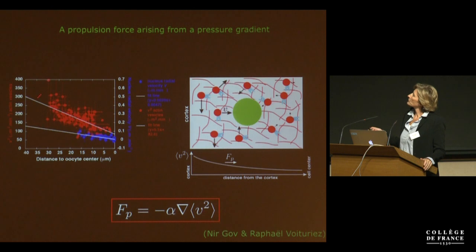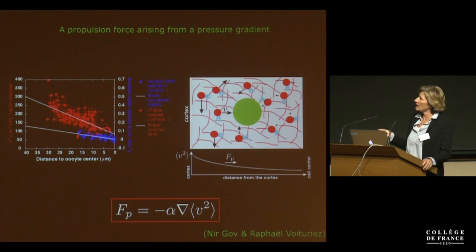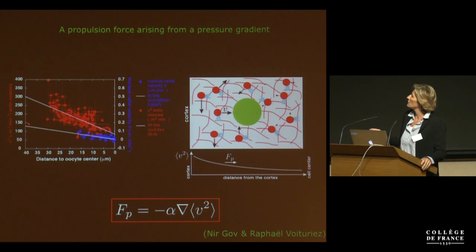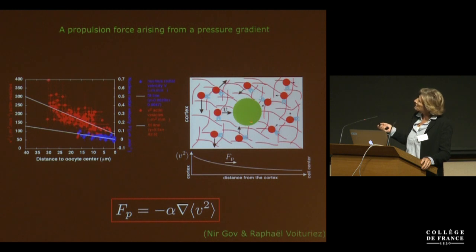So namely, we could make an analogy and say that their thermal agitation, which is proportional to their squared velocity, is highest close to the cortex compared to the center, such that these particles exert a kind of pressure gradient that is highest close to the cortex compared to the center of the oocyte, their thermal agitation being highest and hence the pressure being highest close to the cortex, such that the nucleus is subjected to a propulsion force exerted by a pressure gradient due to the agitation of these actin-positive vesicles.